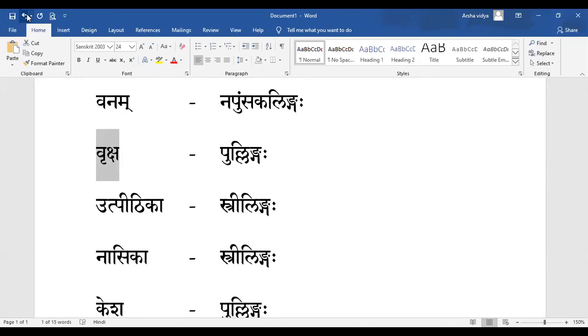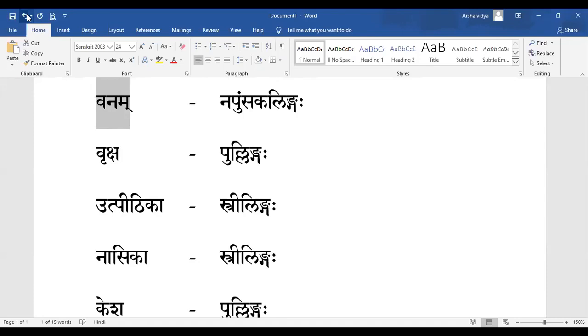A shabda has gender. It has nothing to do with the meaning of the shabda. You understand? The gender of a shabda has nothing to do with the meaning of the shabda.